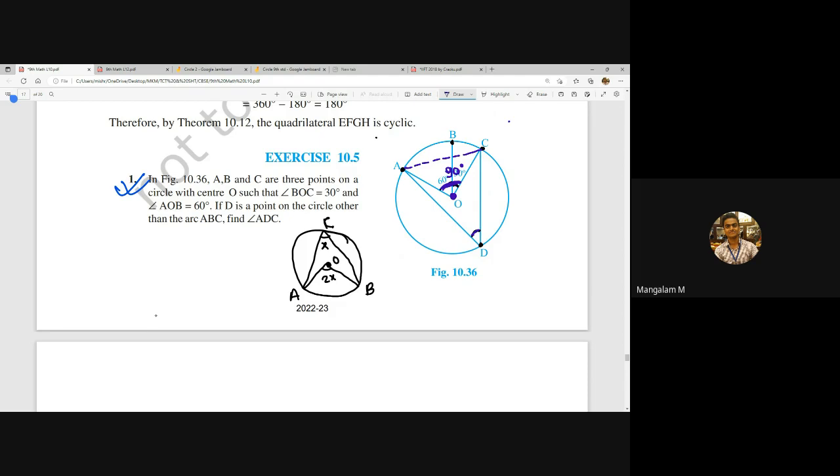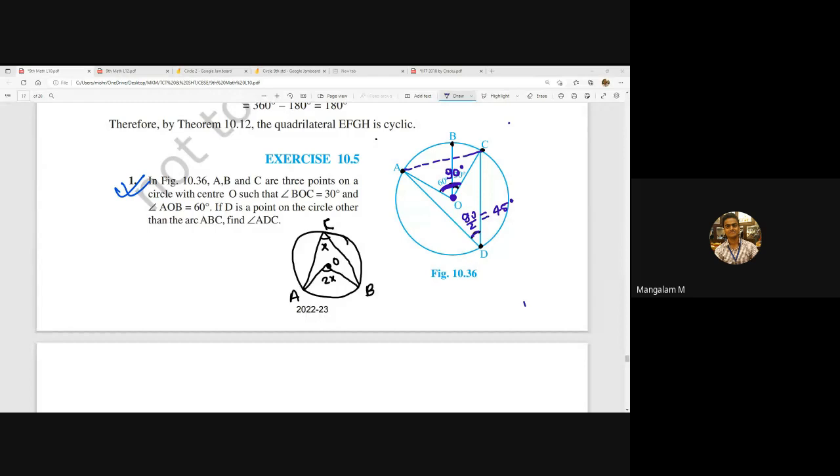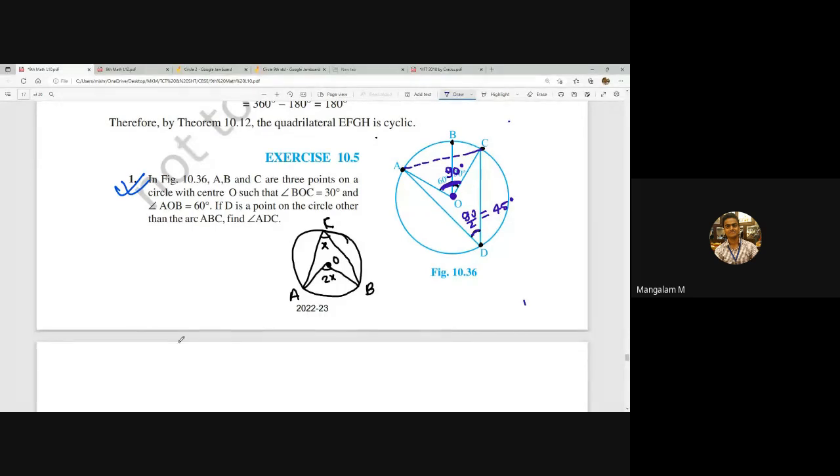So it will equal to 90 divided by 2. 90 divided by 2 is equal to 45 degree. अगर मेरा कुछ आंसर गलत होगा तो आप चैट बॉक्स में आप टाइप करिएगा. कभी कभी सॉल्व करने में गलती हो जाती है, वैसे आप लोग बताते हो. So it is equal to 45 degree. Okay, so this is 45 degree.